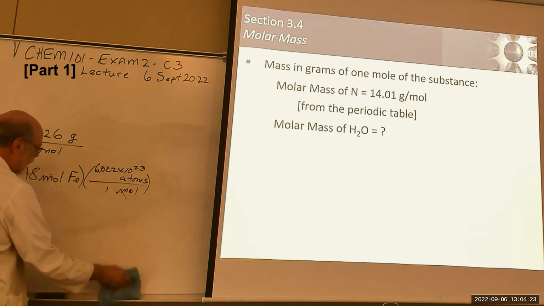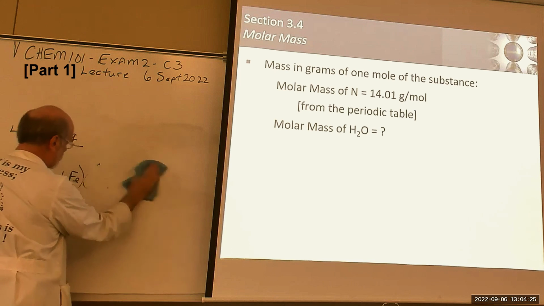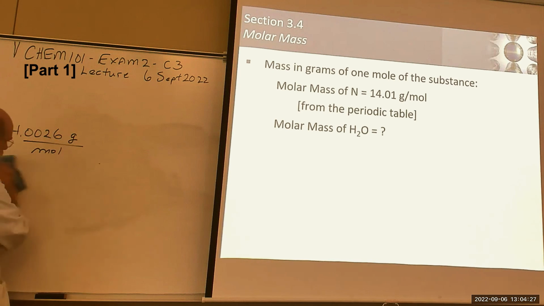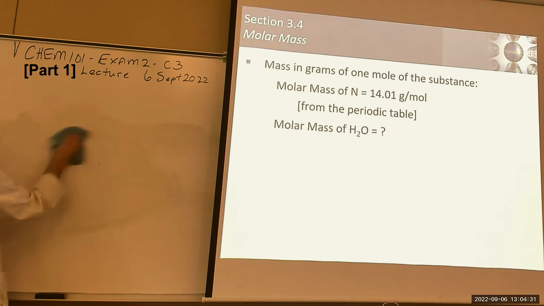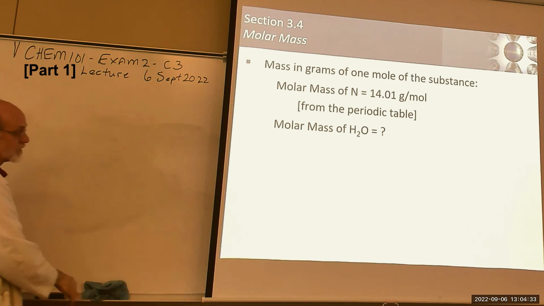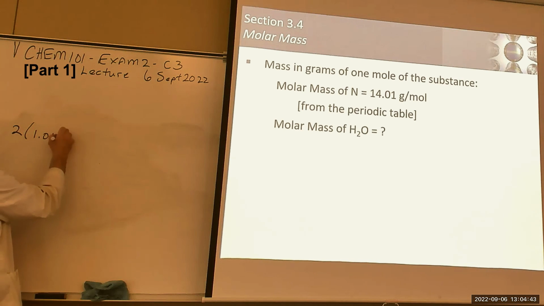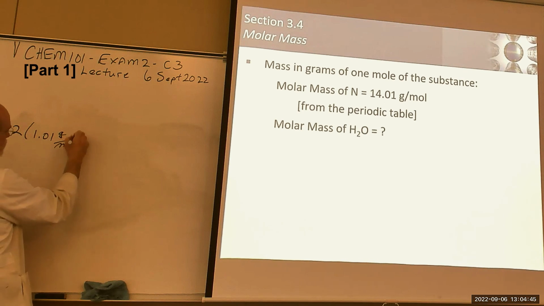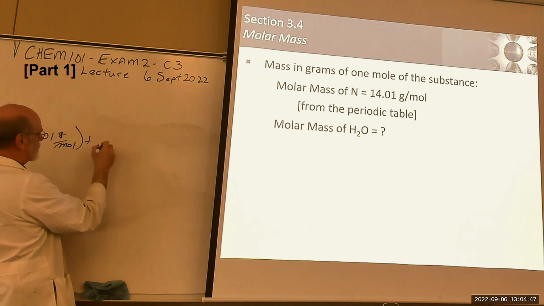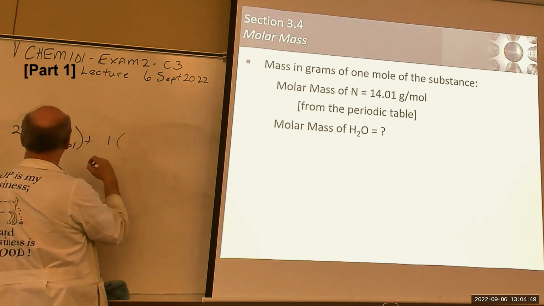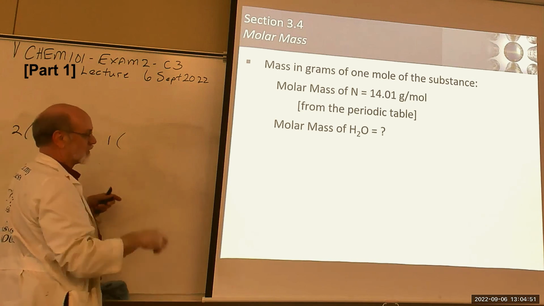So what do we do when we don't have elements anymore? Suppose we have a molecule. All you have to do is add them up. You've got 2 hydrogens, then you would say 2 times 1.01 grams per mole plus 1 times oxygen. What is oxygen?